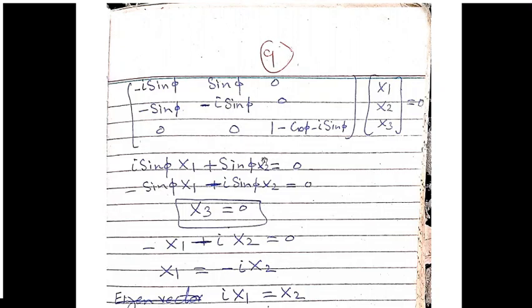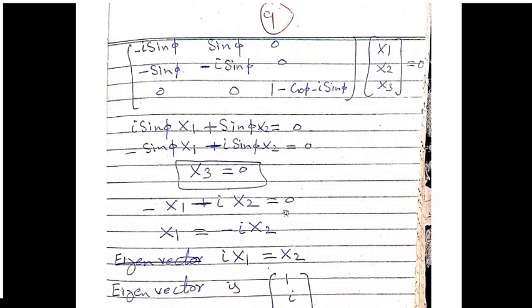After calculating this, you have this, and from here you can see that x3 is equal to 0, because here the coefficient of x3 will be 1 minus e to the power iota phi.